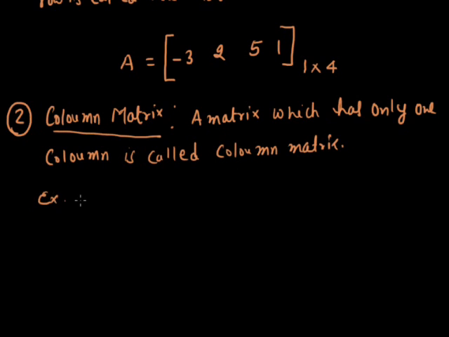Again example, suppose we are taking any matrix B which has only one column like this: 6, 7, 3, 2. So how many rows are there? 4. And column is 1. So it is known as column matrix, because there is only one column.